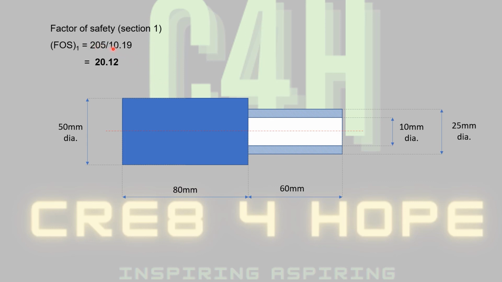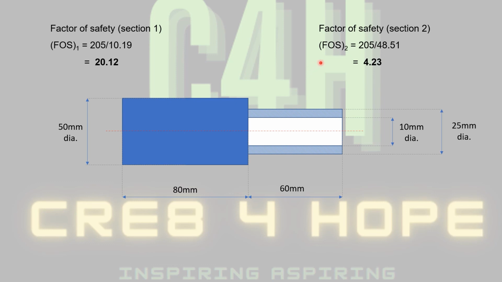And if we do the division, we get 20.12. Since, as I stated in this particular lesson, the safety factor ideally should be greater than 1, we are certain that the applied load of 20 newtons will not cause the component to deform plastically. And we're hoping it's likewise for the hollow section.